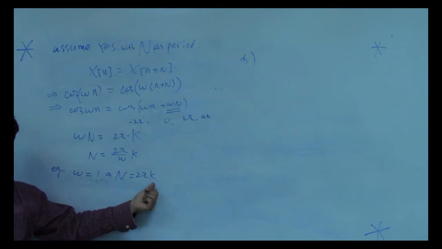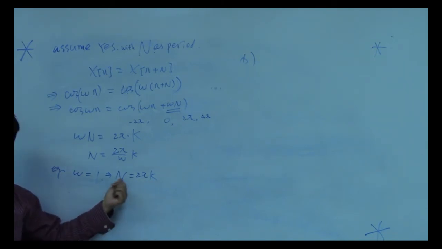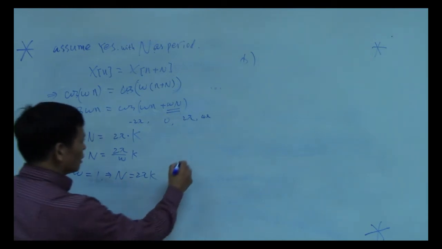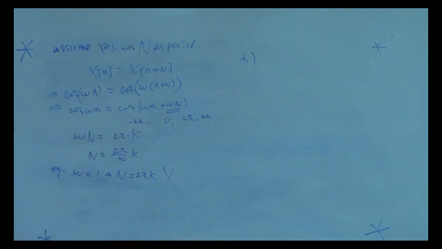K is an integer. 2 is an integer. Pi is not. Can you make N an integer? No, that's definitely impossible. So this N is not a period, because N is not an integer at all.